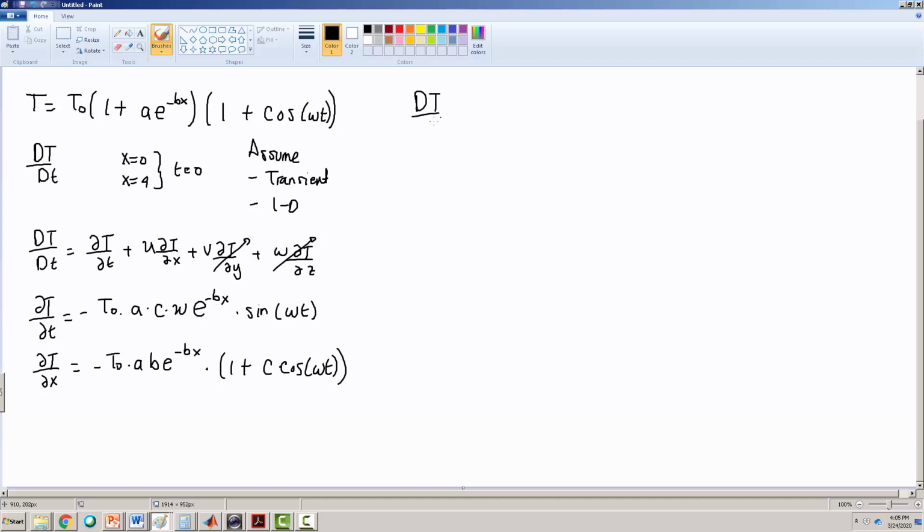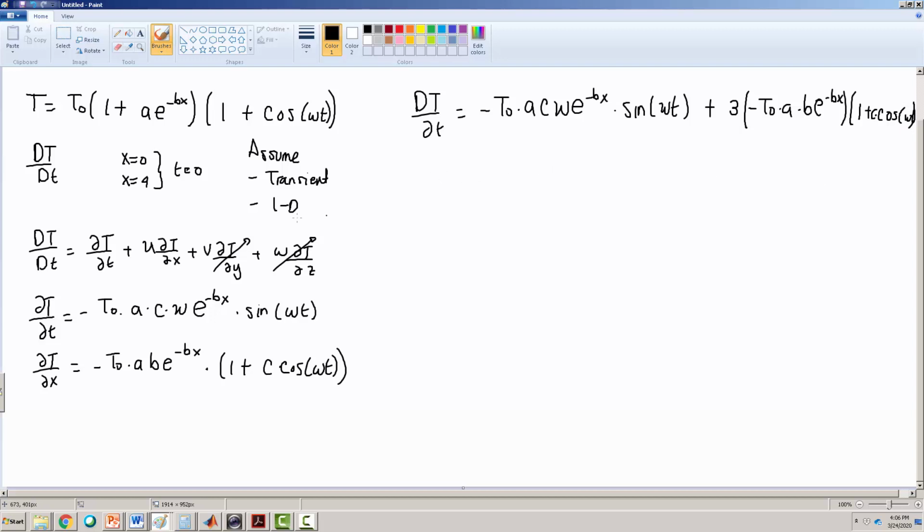So we find that DT/Dt is going to be the derivative with respect to time, so minus T0 A C omega e to the minus bx sine omega t, plus the velocity u, which in this case was given to be 3 meters per second, a constant, times the partial derivative of T with respect to x, minus T0 A B e to the minus bx, multiplied by 1 plus C cosine of omega t.